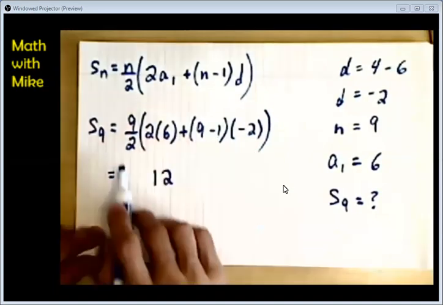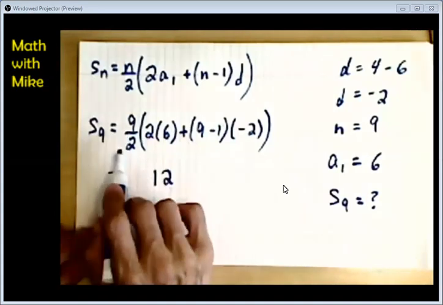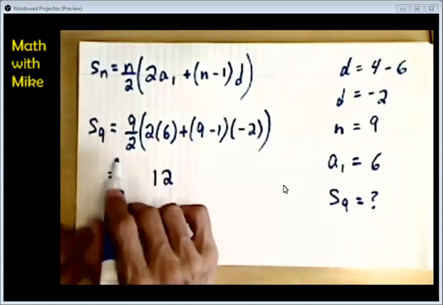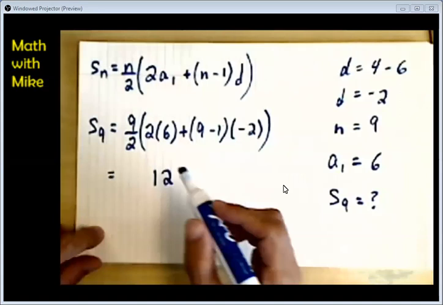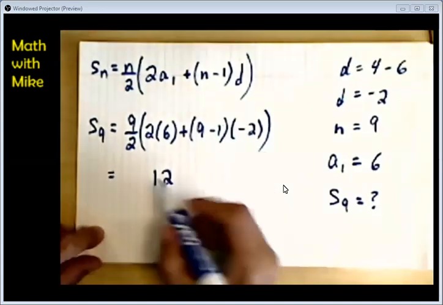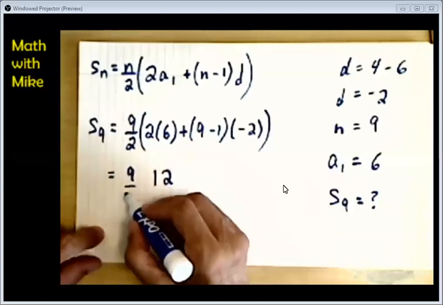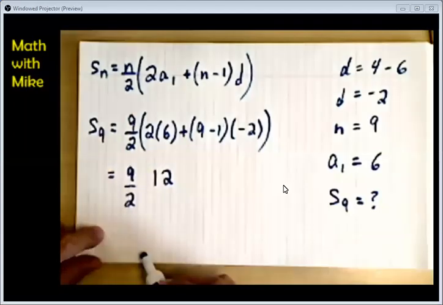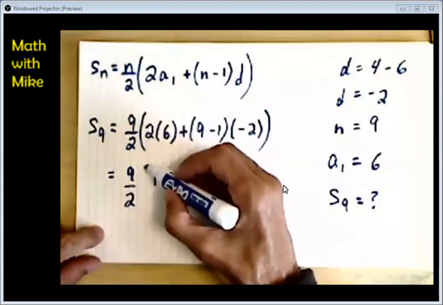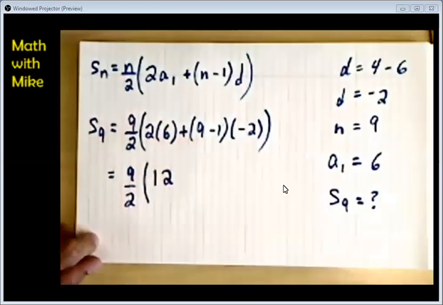It is 4.5, but we're going to leave it as a fraction, because it'll be easier later on, I think. So leave it like that. And that means we have to have the bracket in between. Good so far.